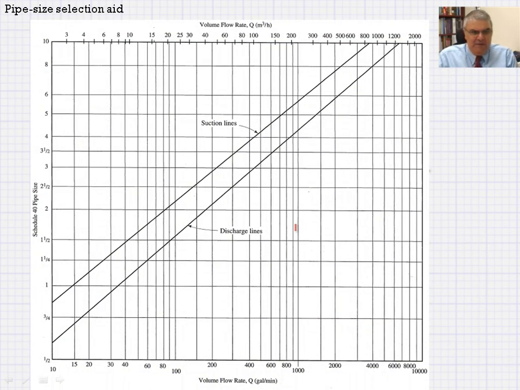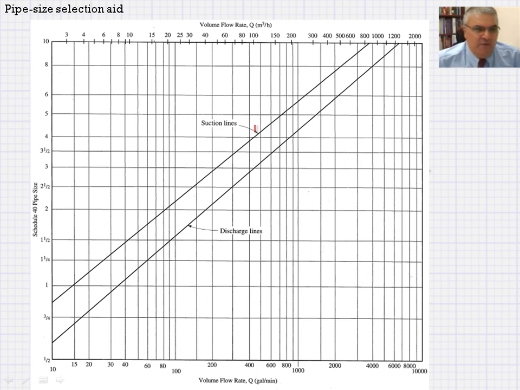Here's an example of a crude chart. Again, the word crude, C-R-U-D-E, is important here because we can only approximate the size of the pipe using this diagram. The discharge line is for the pipes that are used for discharge, and suction lines is for the pipes that are used for suction.